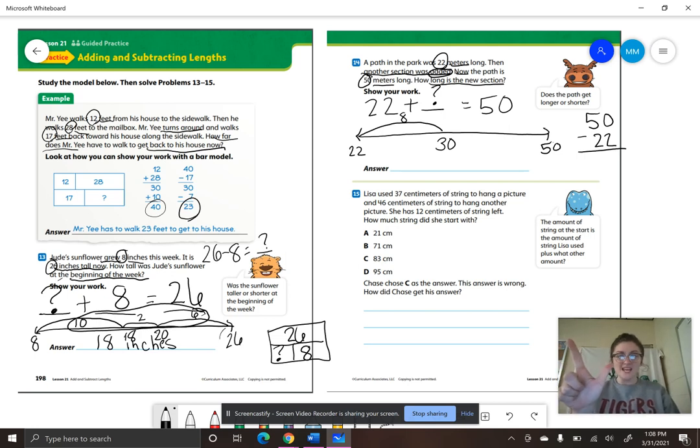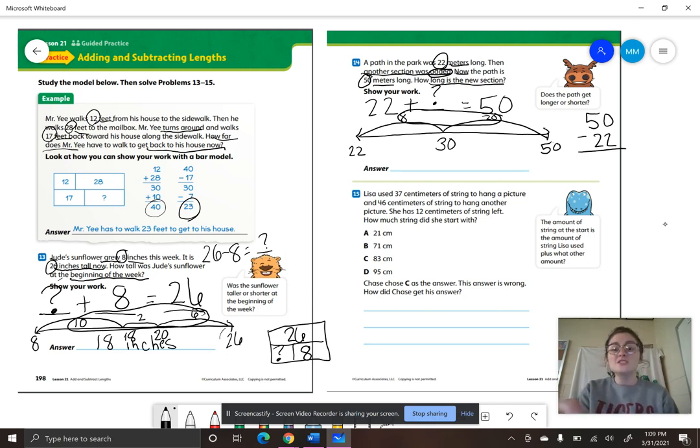How many groups of 10? 2 groups of 10. 2 tens is the same as 20. So I am going to add 20 to 30 until I get to 50.